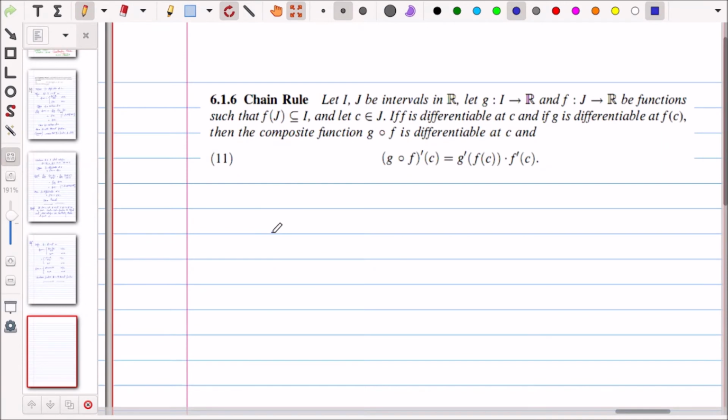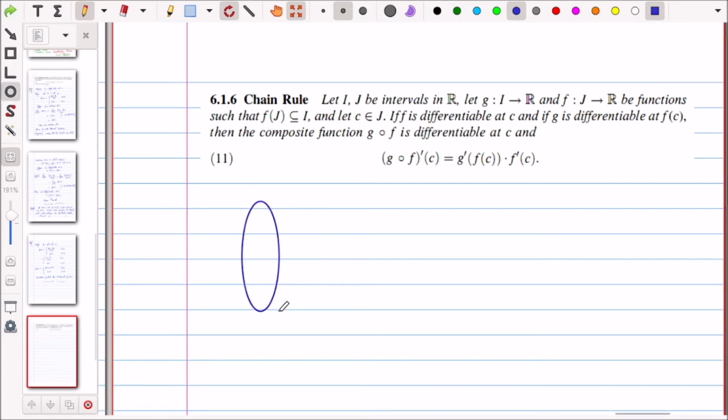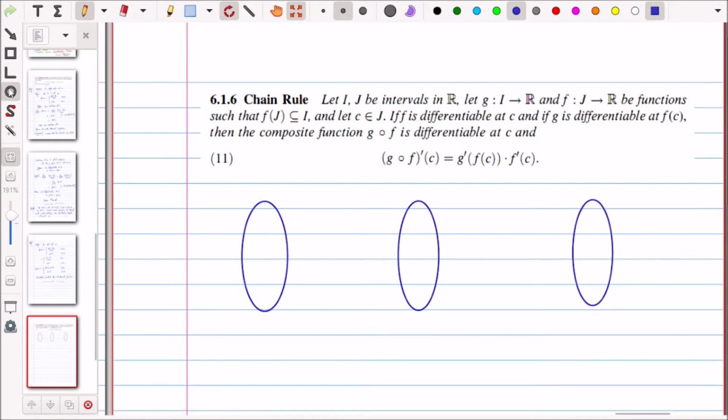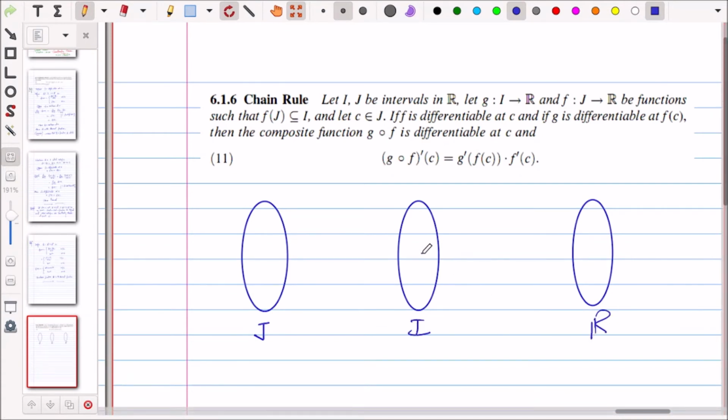We are given g from I to R and f from J to R. This is your interval J, this is your interval I, and this is your function.